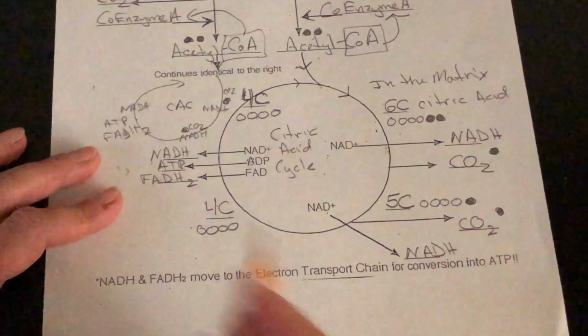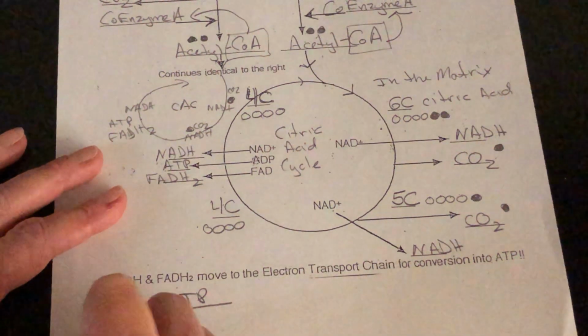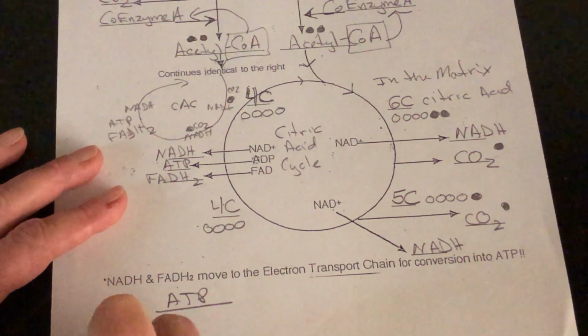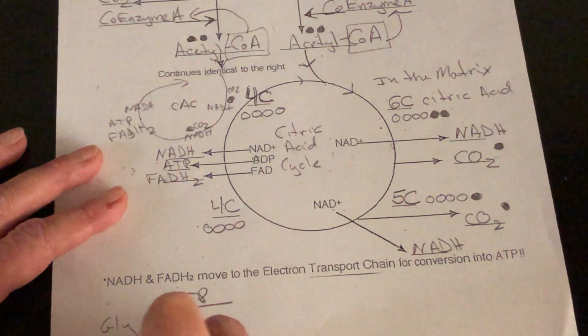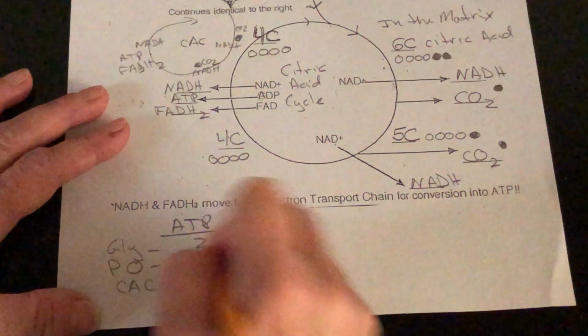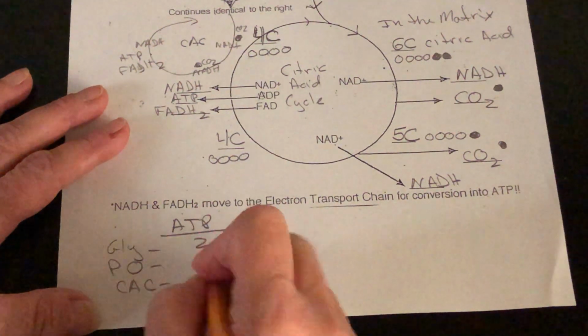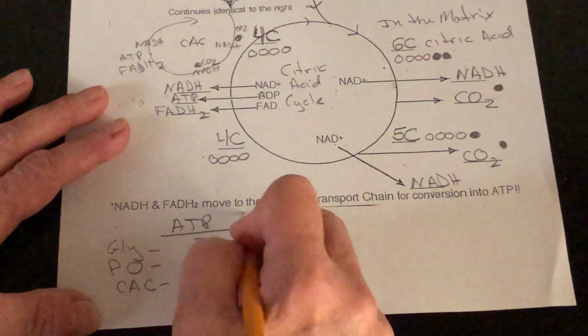Okay? And so if we just kind of look at this all together, we have glycolysis, we have pyruvate oxidation, and we have citric acid cycle, right? Well, we made 2 ATP here, and we don't make any here, but we make 2 here, okay?